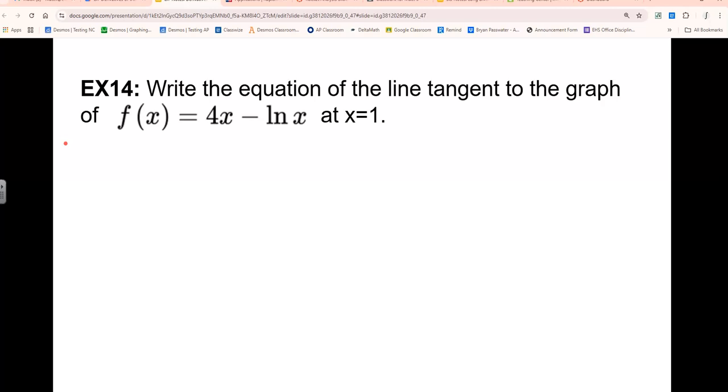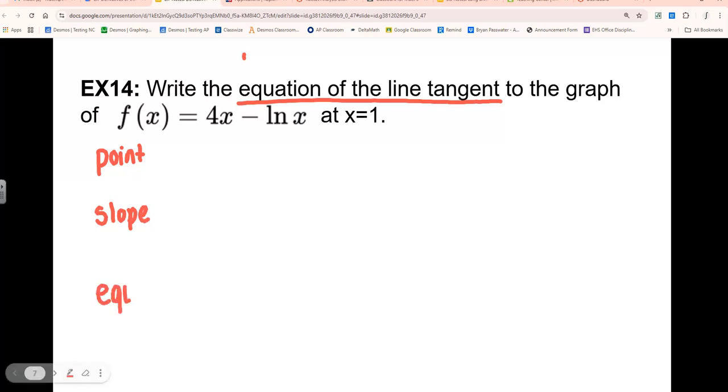All right, so they might ask you to do some of this with things like writing the equation of a tangent line. So anytime we see equation of the line tangent, we need a point, we need a slope, and we need an equation. So for the point, you're going to have to find just f of 1, right?